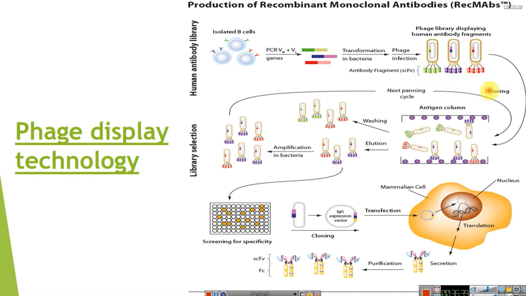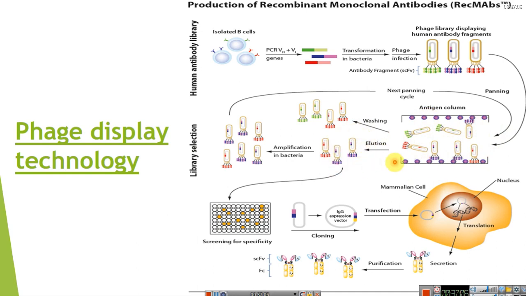Then thereafter panning is carried out, where the antigen is bound onto the surface in a column, and then these phages are passed through. Then washing is done. Whichever phage is not binding will get washed away, and then elution will be carried out.